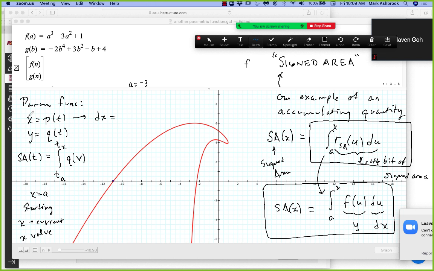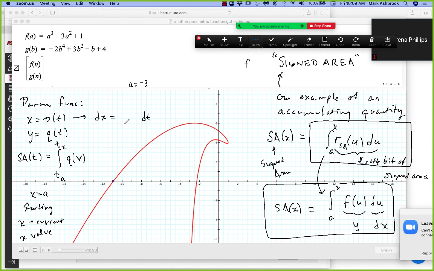Given x is a function p of t, what is it that generates a small change in x? What has to change first to generate a small change in x? Would it be dt? Yes, we need dt. So given a small change in t, that will result in a small change in x.